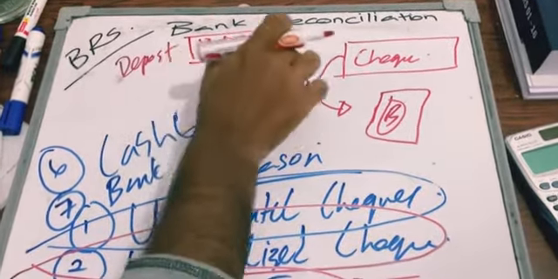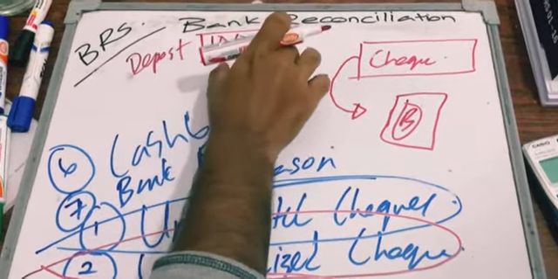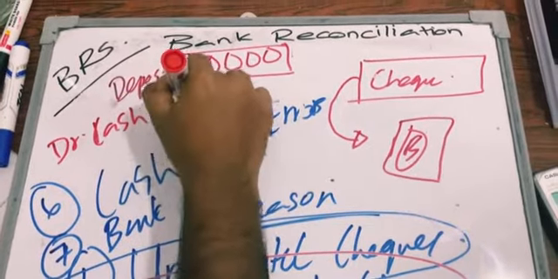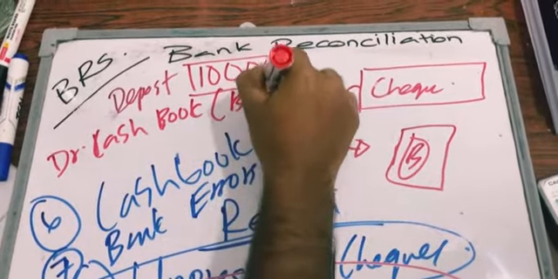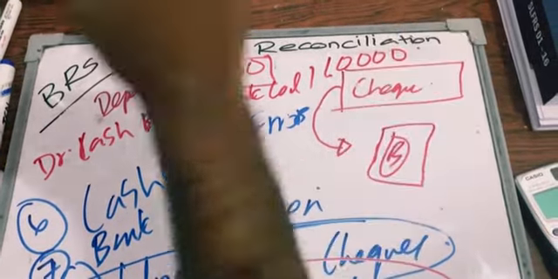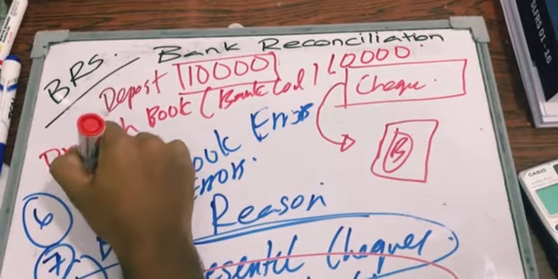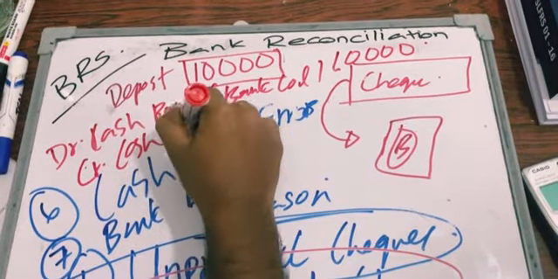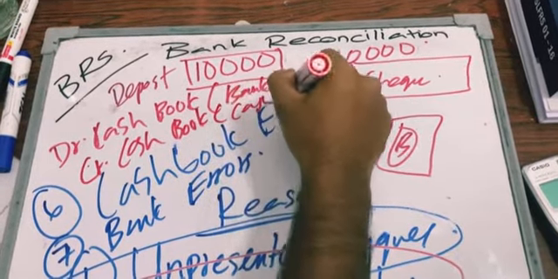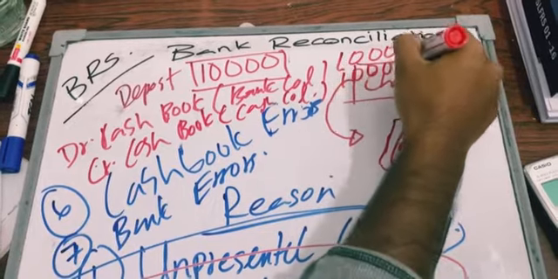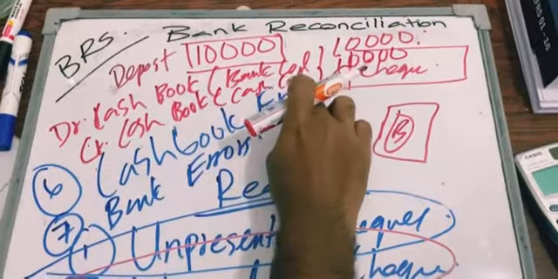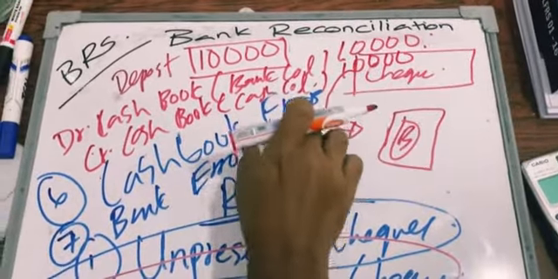In your books of accounts, you will record this 10,000 rupees as debit cash book, bank column, rupees 10,000. Then you will credit cash book, general cash column, rupees 10,000.